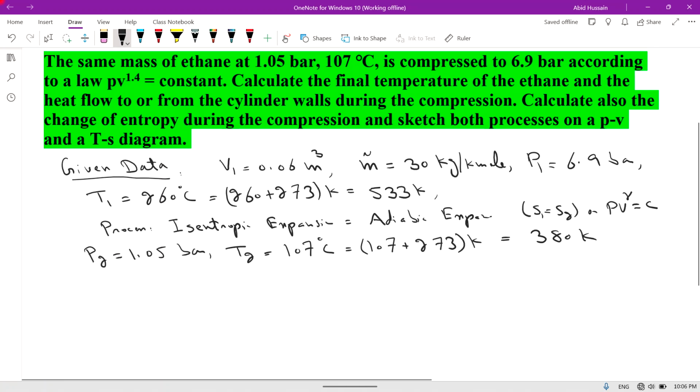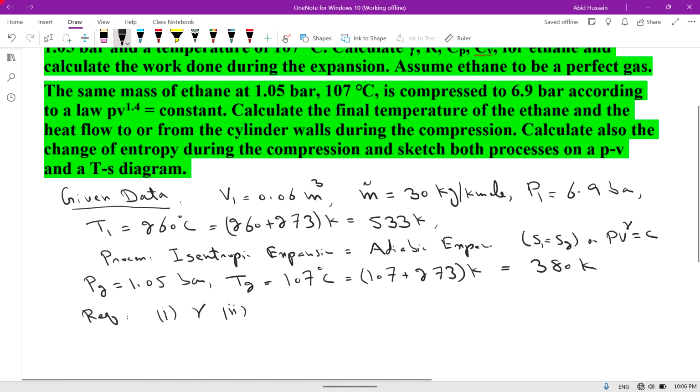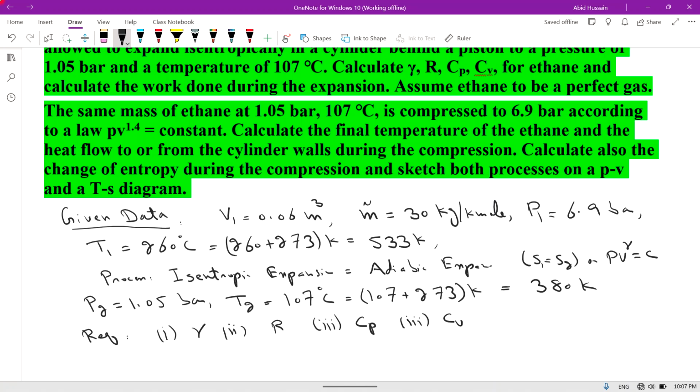Required is: number 1, calculate gamma; number 2, R, the ideal gas constant; number 3, Cp; number 4, Cv; and number 5, calculate the work done during the expansion.